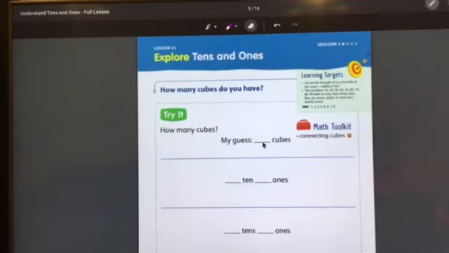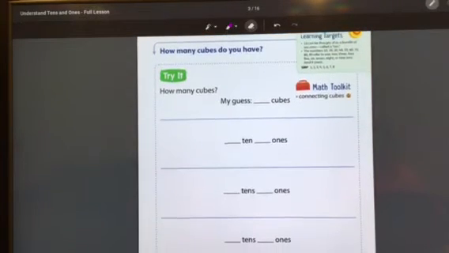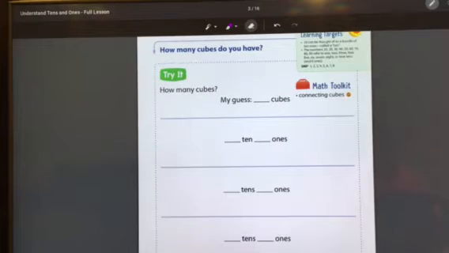So what we're going to do next is to figure out how many cubes were in my bag. I'm going to show them 3 different ways to show that number so that they can figure out how many cubes I had in my bag.